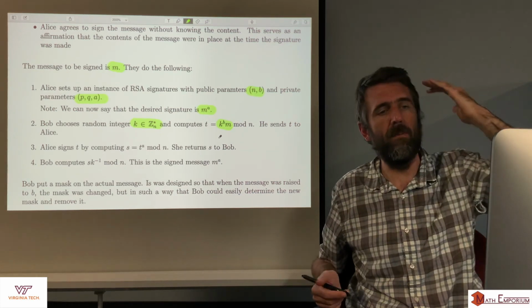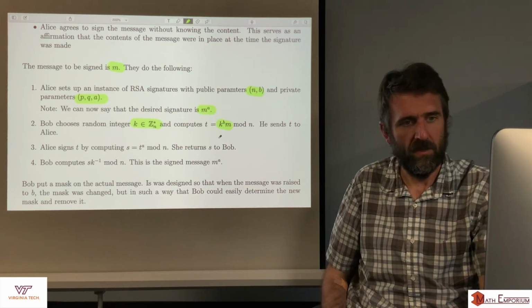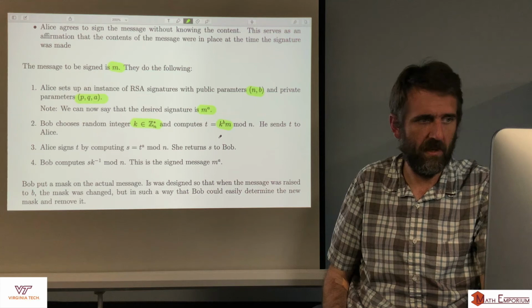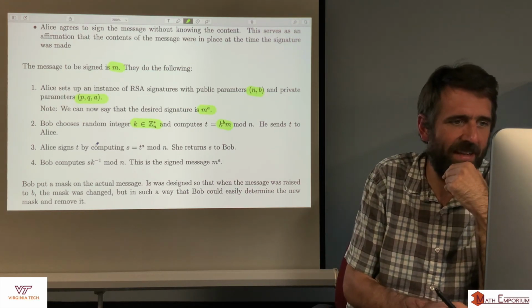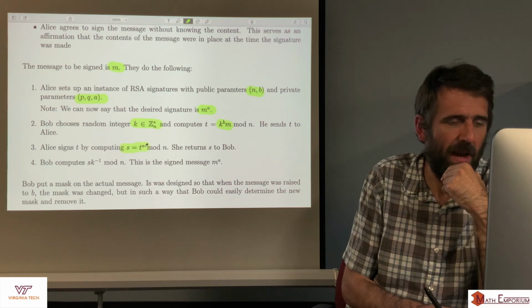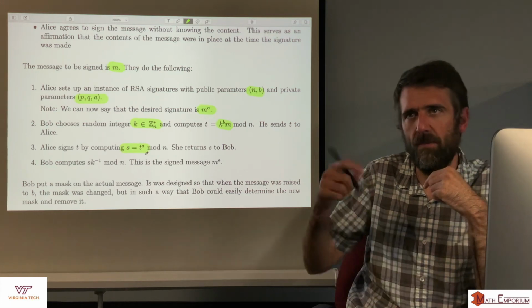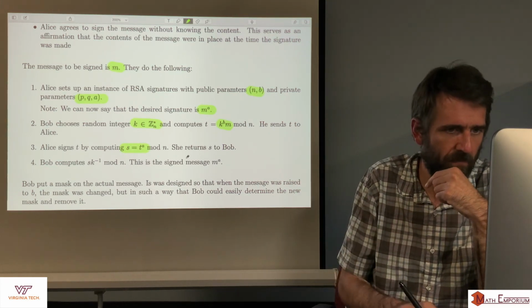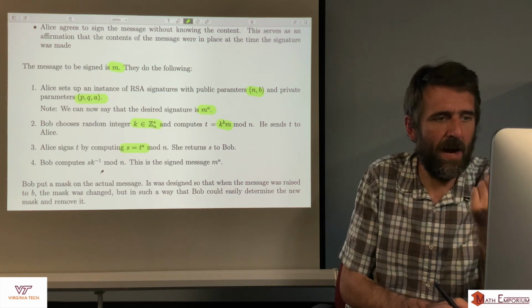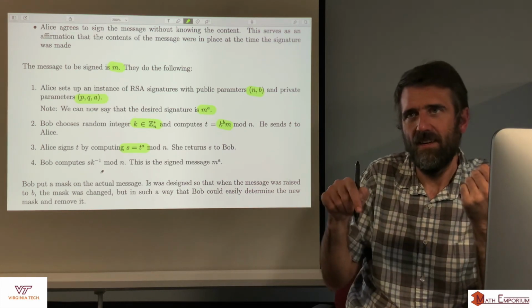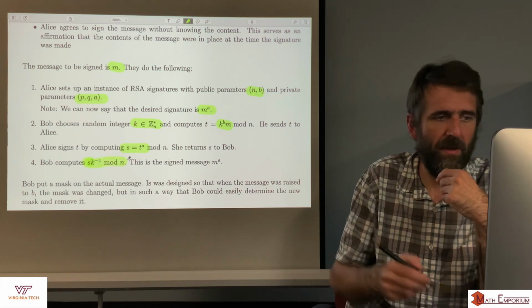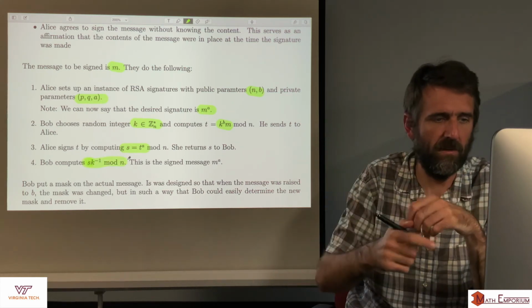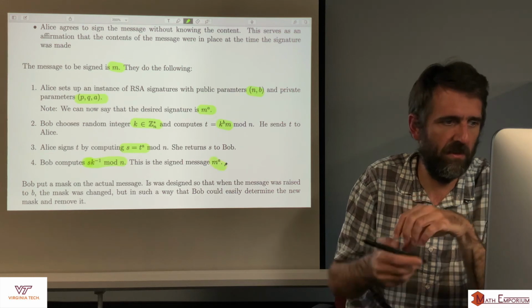So Bob's going to compute t, which is k to the b times m, mod n, and send that t to Alice. Alice is going to sign t by computing s, which is t to the a mod n. And then Bob is going to get the correct signature on the message m by removing the mask, by doing s times k inverse. So this recovers the signed message.